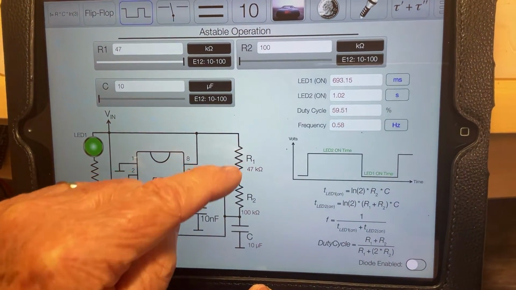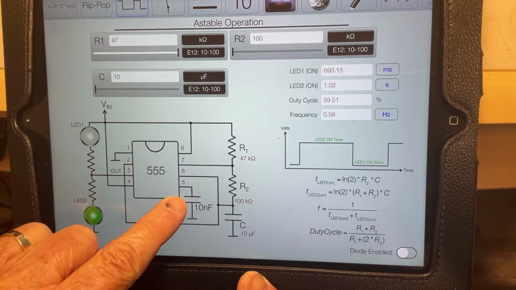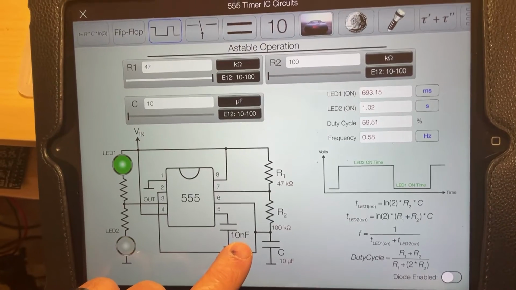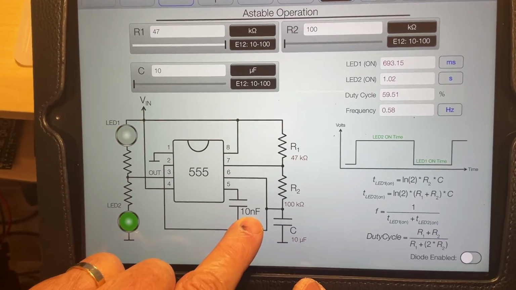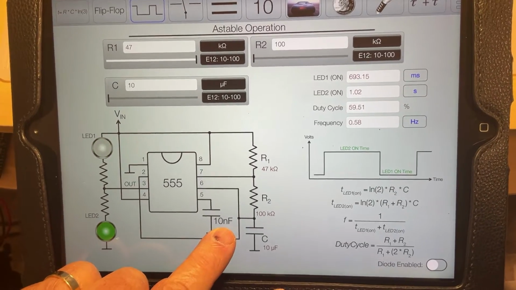If not in use, pin 5 you connect to the ground through a standard 10 nanofarad capacitor. Okay? It may go anywhere between 1 and 10 nanofarads. It's going to work just fine.